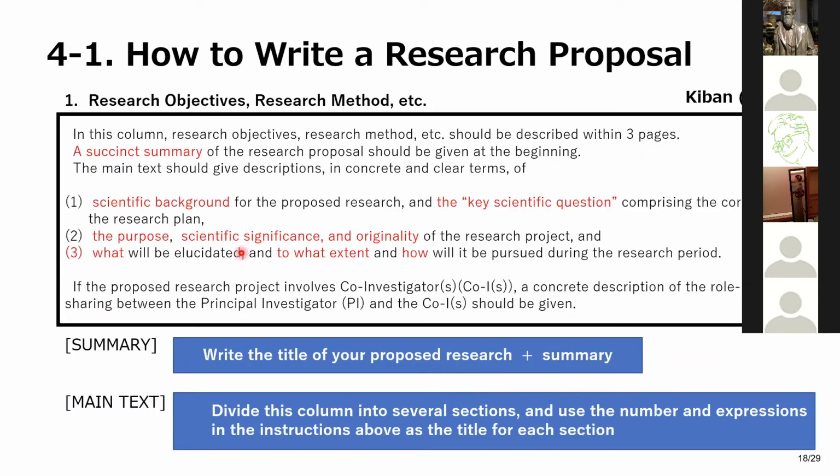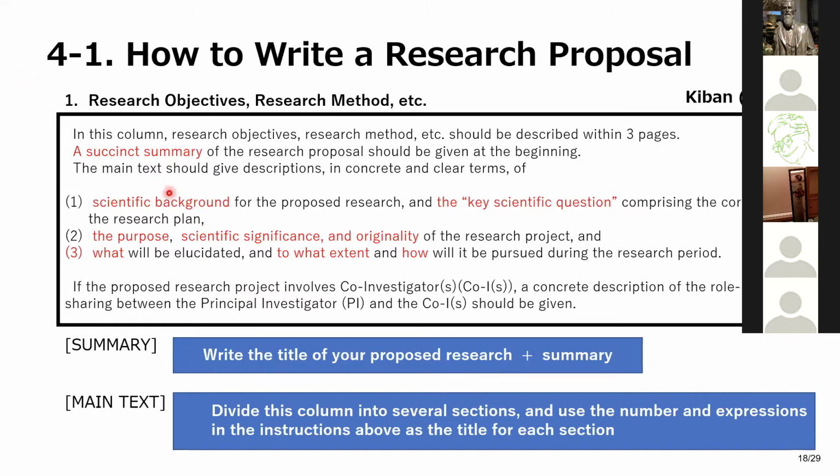Okay, now you know what your proposal should include. So I'll talk about some other useful tips in writing the first 3 main columns of a proposal. These are the instructions of the first column.